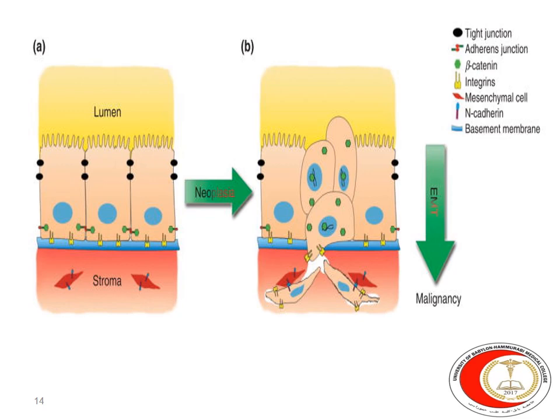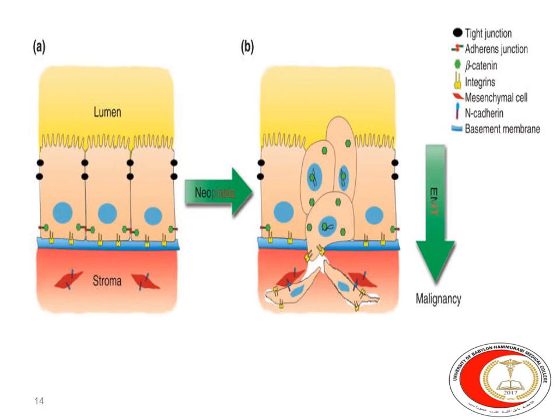This is normal. In the case of neoplasia, which is figure B, there is a progressive loss of these tight junctions and adherence junctions accompanied by proliferation in situ.